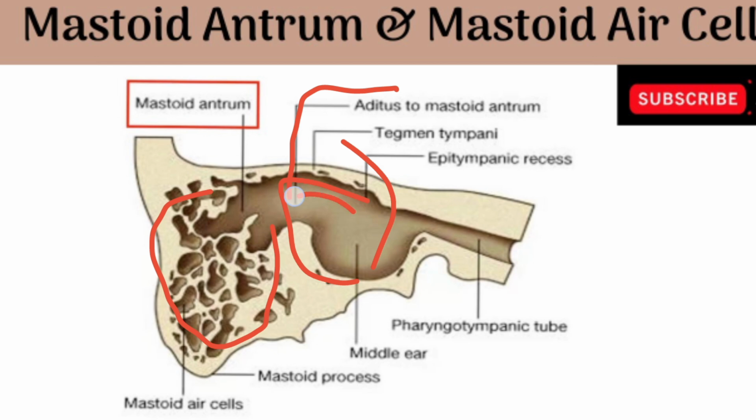The lining of all these is continuous, which is a mucous membrane. So once an infection gets caught in the middle ear, it can easily be transferred to the mastoid air cells, and that condition is called mastoiditis.